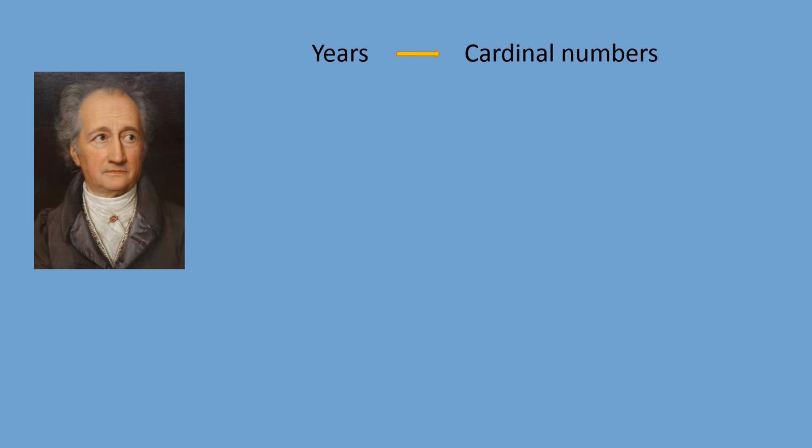How do we say years in German? For years, we do not use ordinal numbers. We just give the number as we see it. Let's say we talk about this very famous German poet and novelist and even scientist, Johann Wolfgang von Goethe. And we know that Goethe was born in 1749. How do we say it in German? Goethe wurde 1749 geboren.